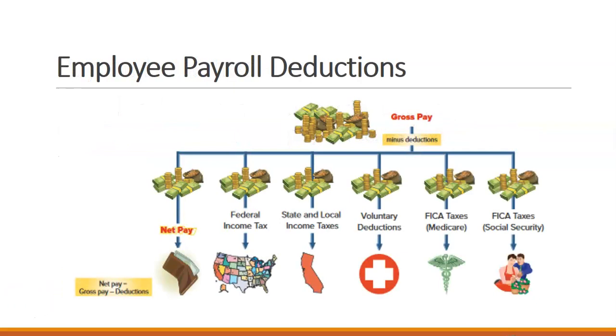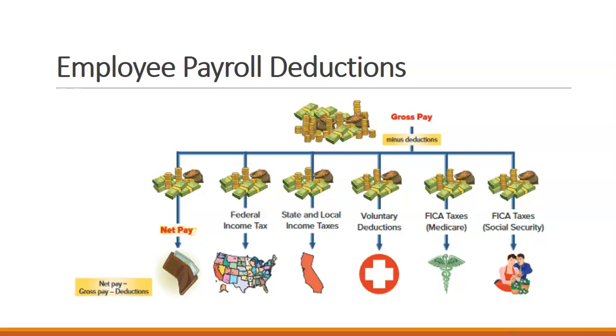Well, here we have some examples of payroll deductions. Our gross pay is the amount of money we get paid before any deductions are taken. Then we have various deductions for income taxes, our FICA taxes, which are medical and Medicare and Social Security taxes, and any voluntary deductions.